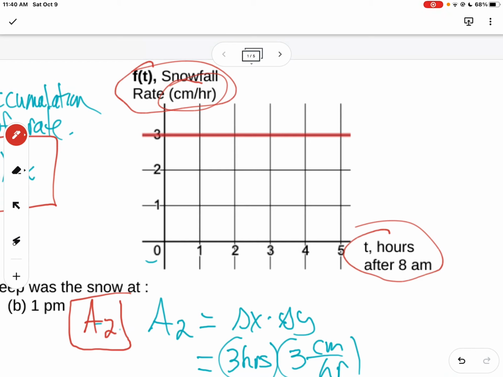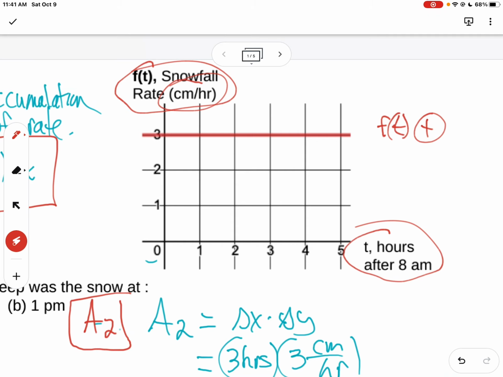And I would also say that this f of t is always positive, okay? The y value is always positive all along here. It's always snowing at a rate of 3 centimeters per hour. So if I'm going forwards in time, from 0 to 1 to 2 to 3 to 4, then definitely the snow is accumulating on the ground and the snow is getting deeper.